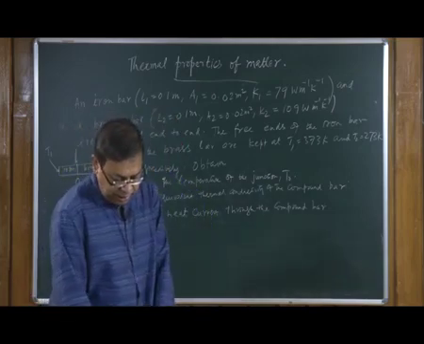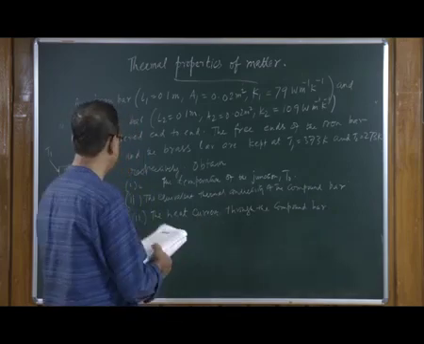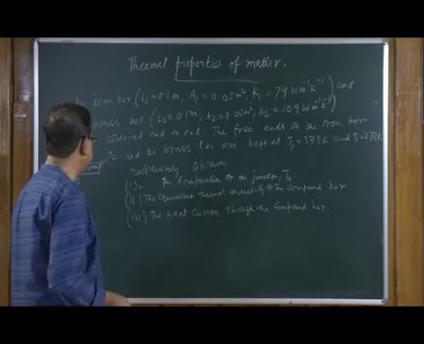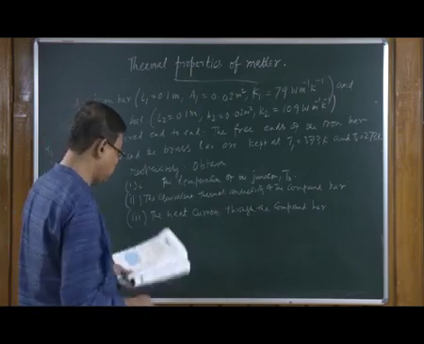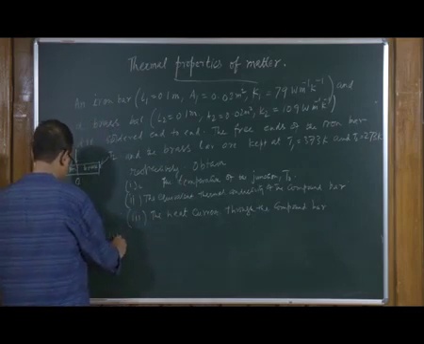Okay, so this is the question, and the question is easy to solve, just that we have to erase some part of the board in order to do this problem. Let us try to do it as much as we can without doing that.